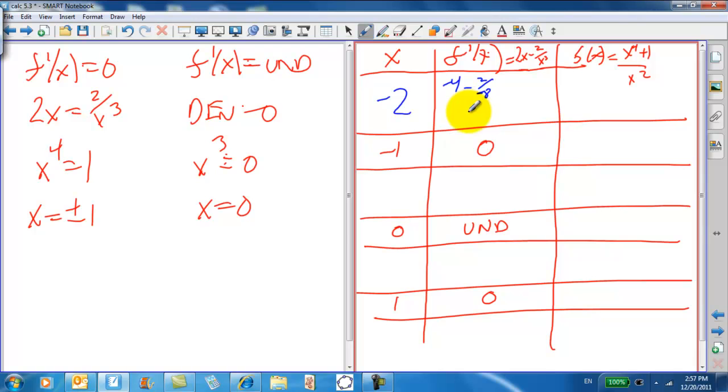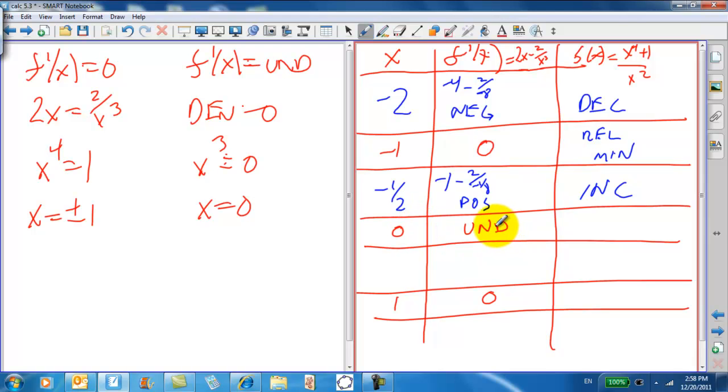That's -4 plus a 4th, that's negative. So that means the function is decreasing. If we try -1/2 between -1 and 0, put in -1/2, 2 times -1/2 is -1, minus 2 over -1/2 cubed is -1/8. That's going to be hugely positive. That means the function's increasing.